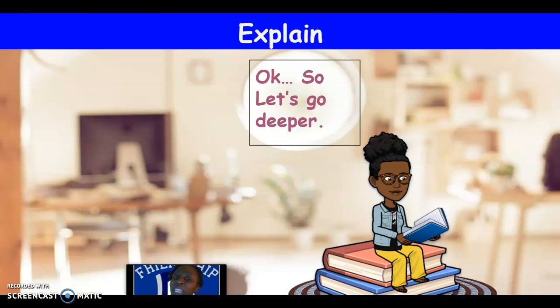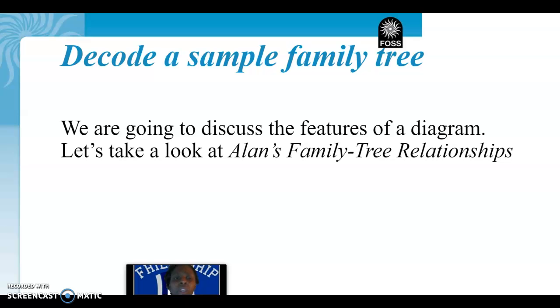So let's explain it. Let's go a little bit deeper, just a tad bit deeper. We are going to decode a sample family tree. We are going to discuss the family features of a person named Alan. When we discuss Alan's family features, we're going to decode them and be very specific about exactly what we see.